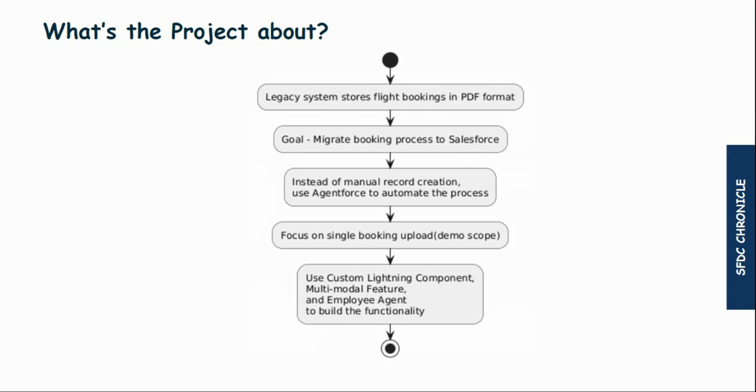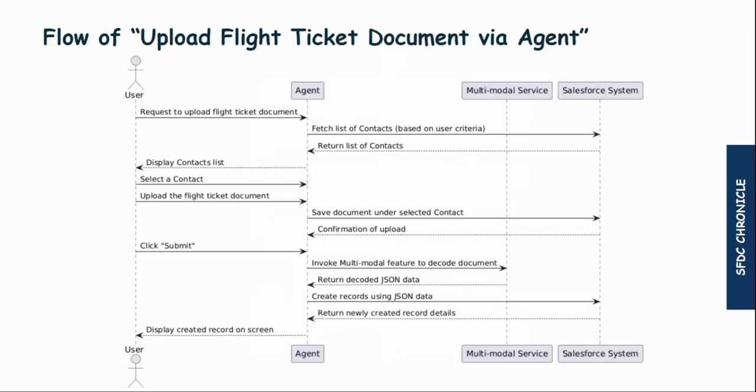So here is the high level flow of how this works inside the AgentForce chat window. So this is the user. The user tells the agent that they want to upload a flight ticket document.